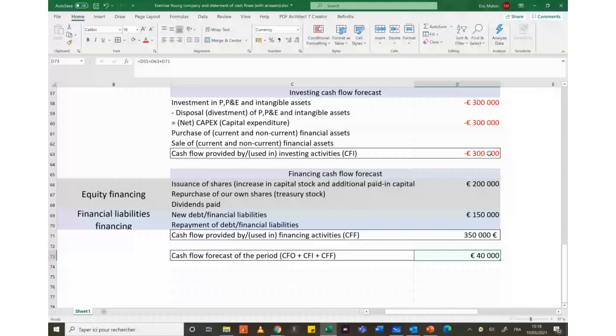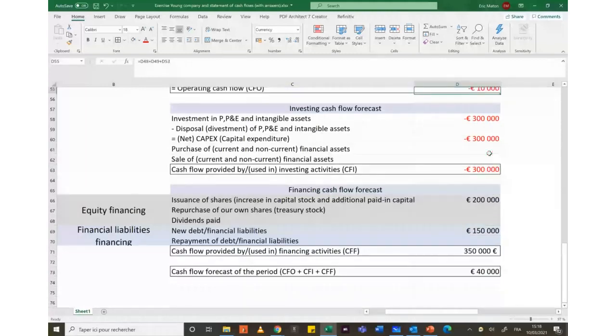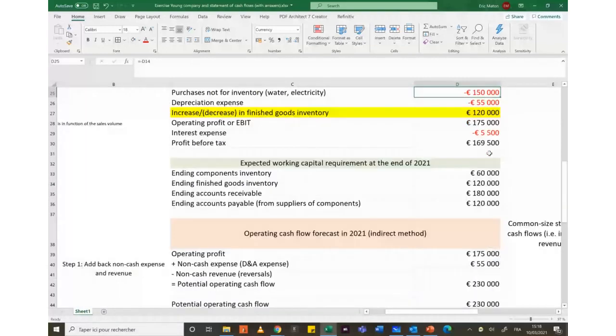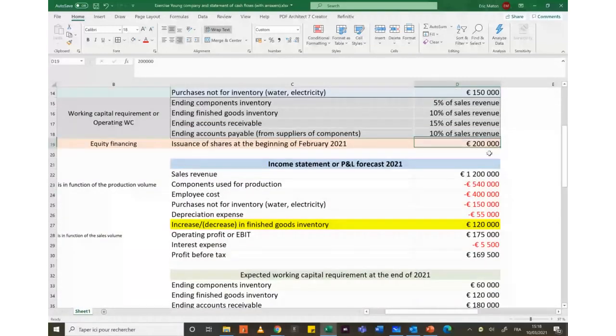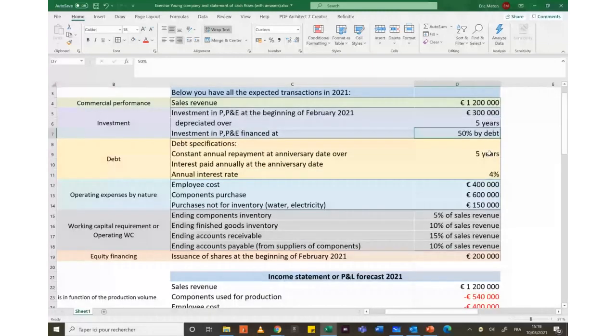So if we want, we can create some balance sheet. At the beginning, we have only external financing and investments. So at the beginning, we have the 200,000. We have the 150,000 with the debt. So we have 350,000 from external financing, and we have the investment of 300,000.